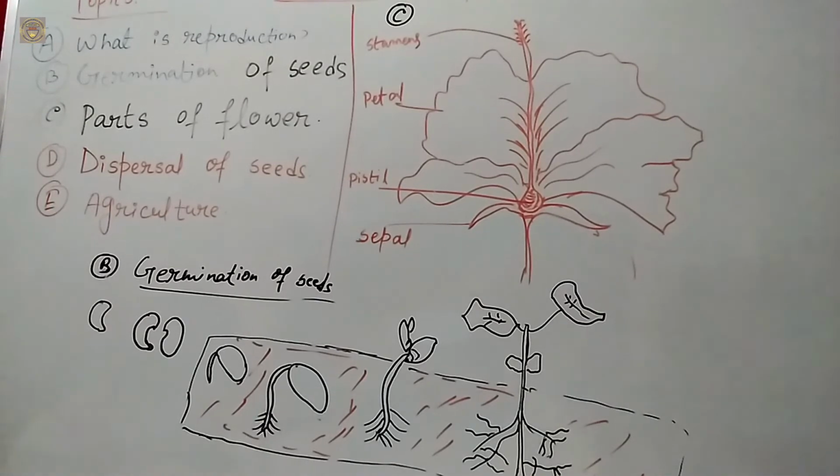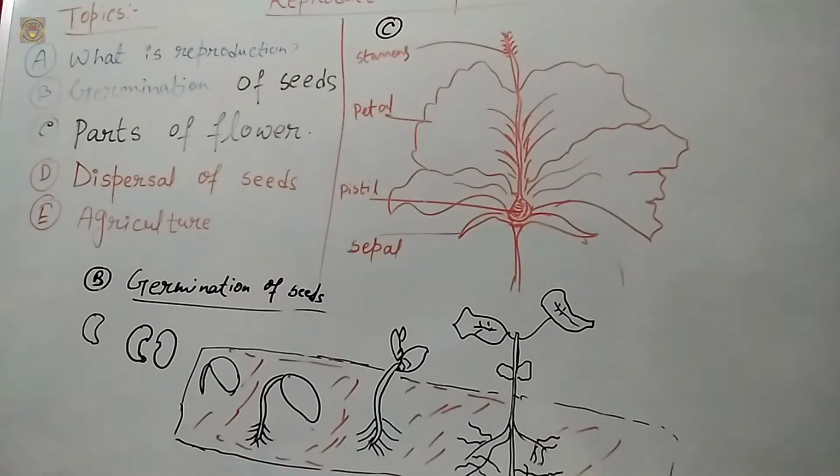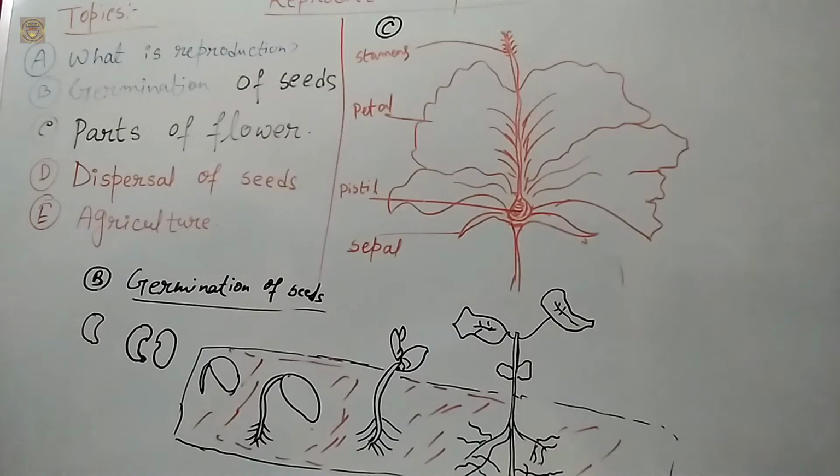This process is called reproduction. All living things like human beings and plants reproduce their young ones so that their species may not die out.